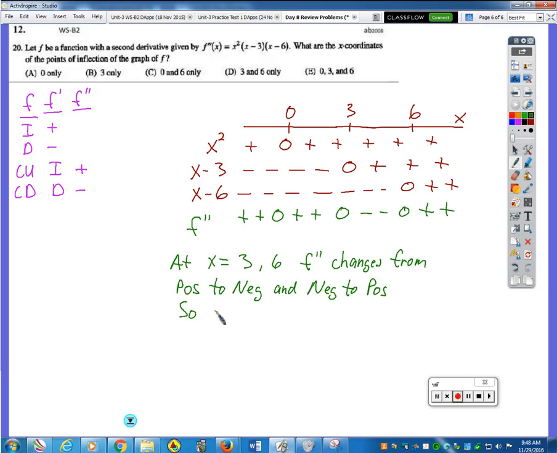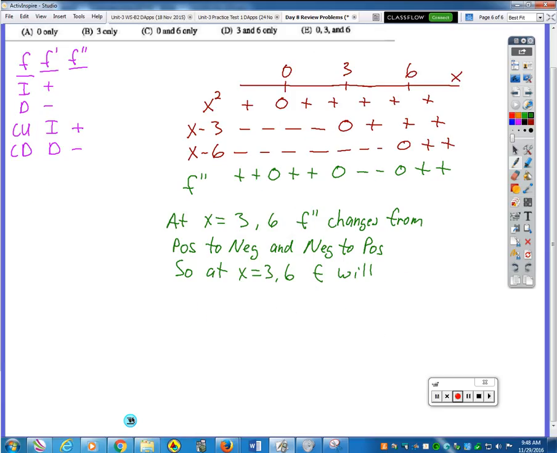So at x equal 3 and 6, f will change from concave up to concave down, and concave down to concave up. So x equal 3, 6 are inflection points.